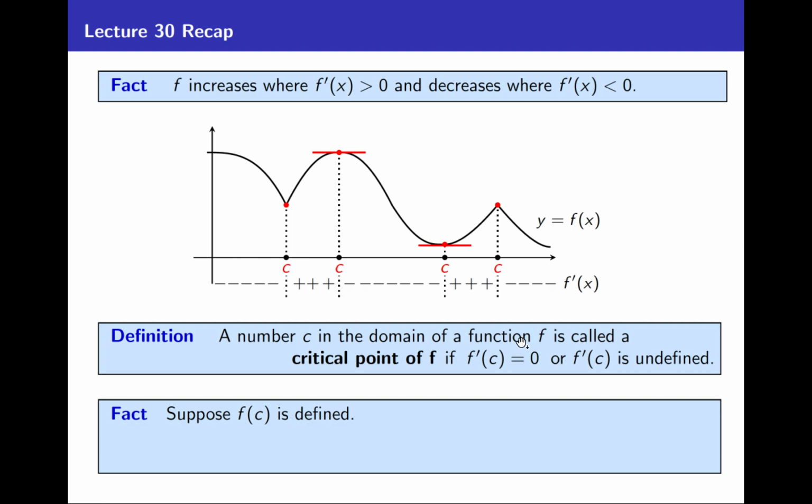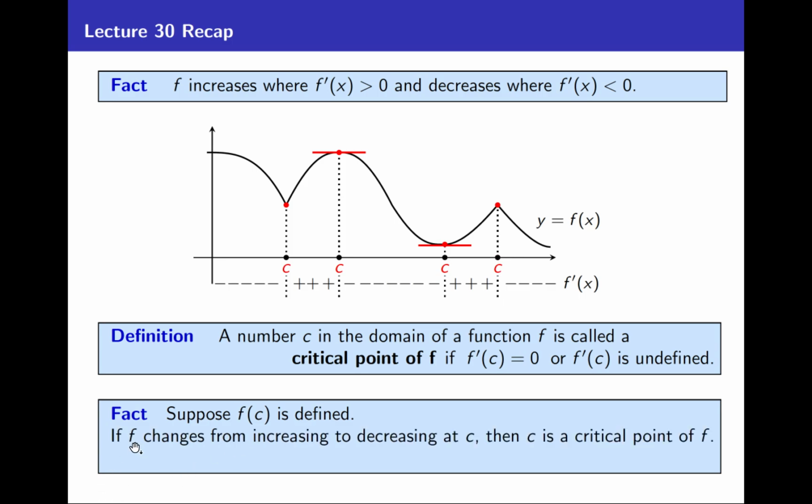Remember that if f of c is defined, that is, you can plug c into the original function f, then if f changes from increasing to decreasing at c, then c is a critical point of f. Right here, at this c, the function changed from increasing to decreasing, and that's a critical point.